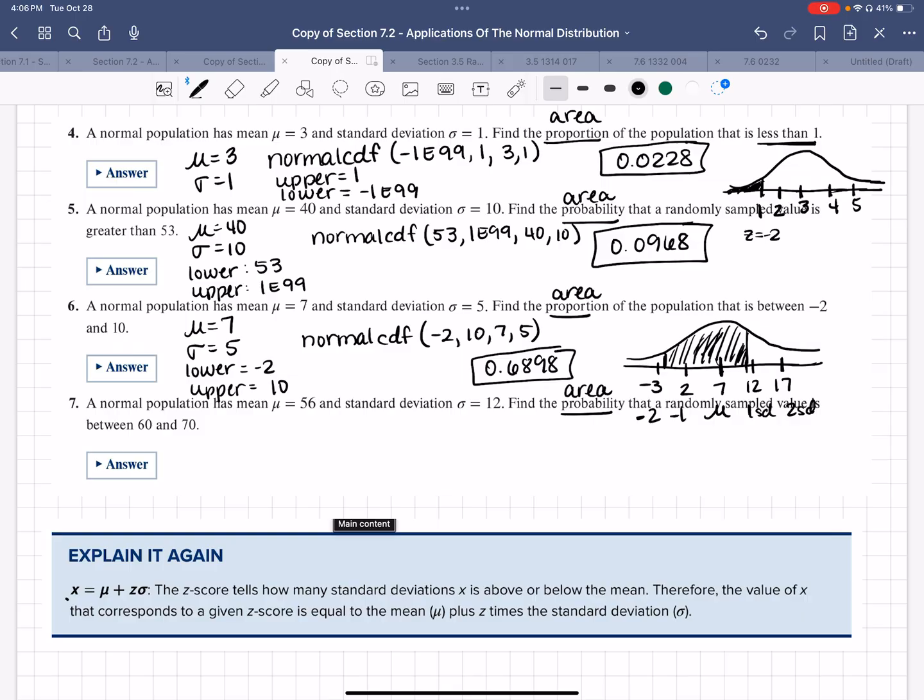If I did it based on 0 being the mean and 1 being the standard deviation, z equals -2. But you're wanting the less than 1 part right here, which is over 2 standard deviations away.